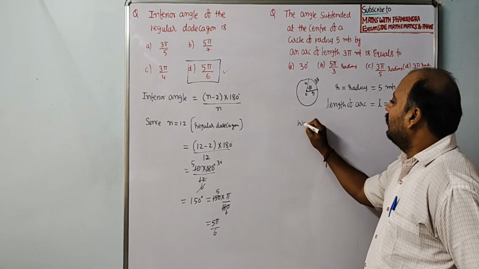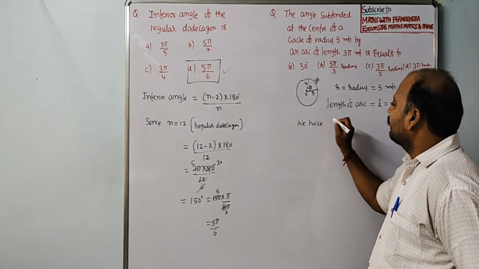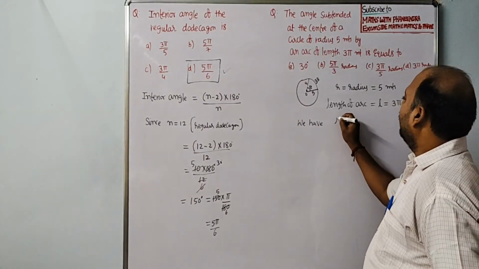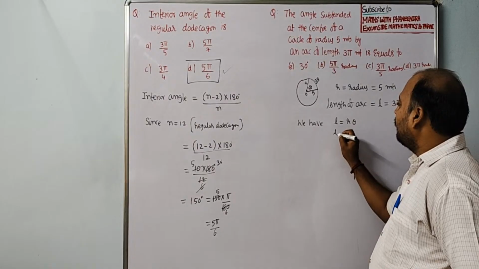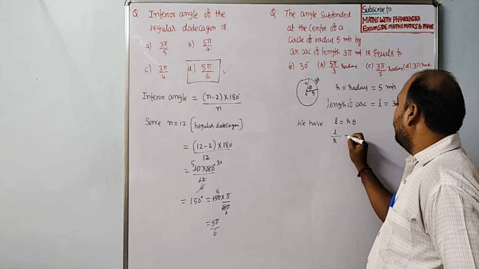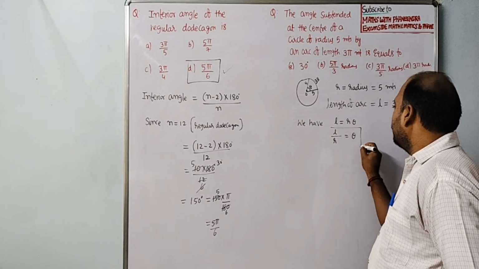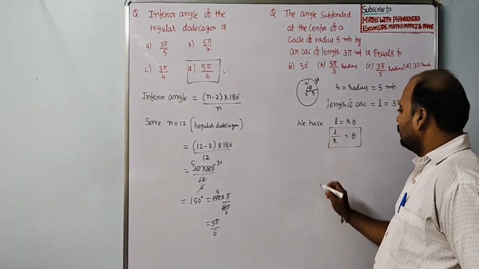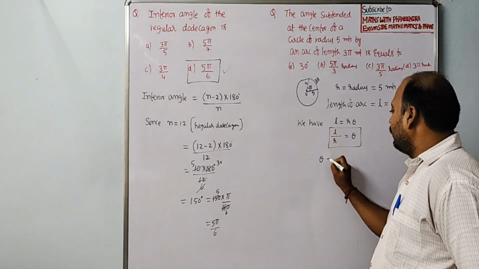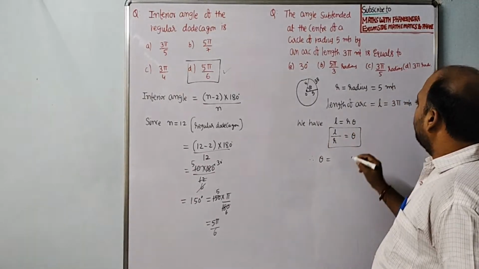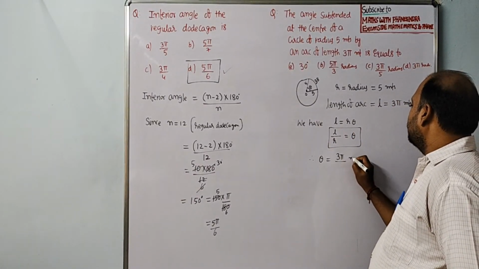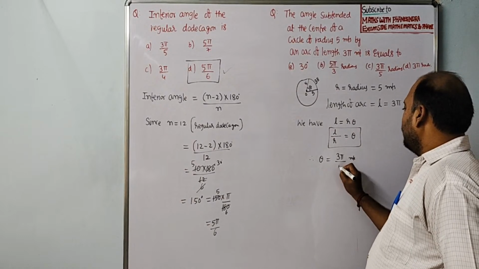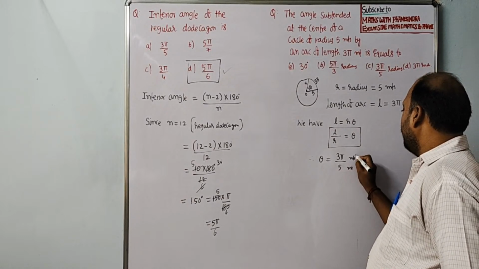We have the formula L is equal to r theta, but we want the formula for theta. Theta is equal to L by r. So therefore, theta equals L, the length of the arc, 3 pi meters, divided by the radius, also 5 meters, so the meters will be cancelled.